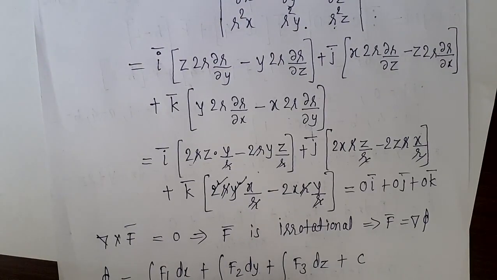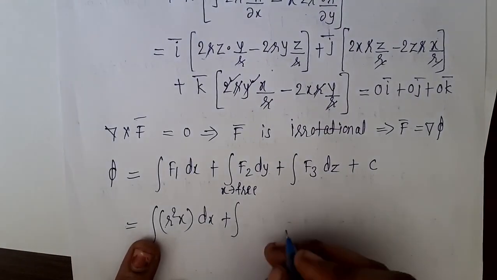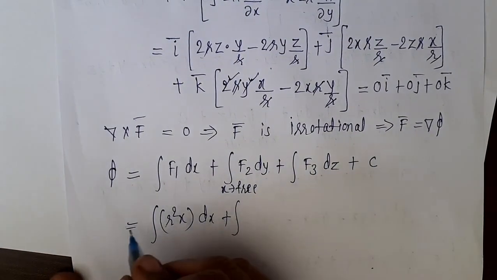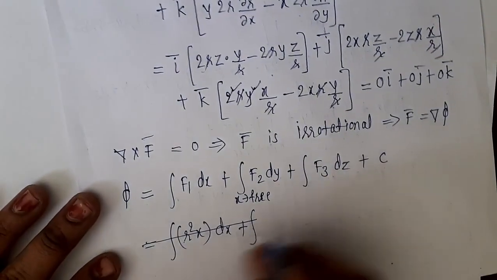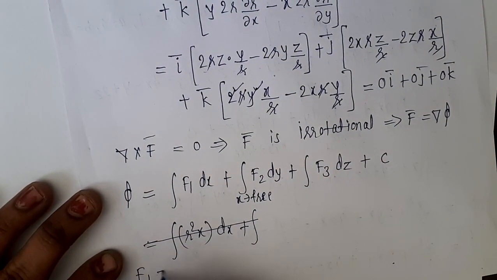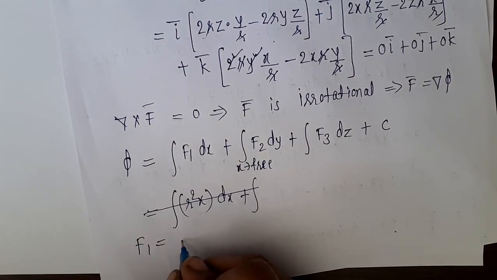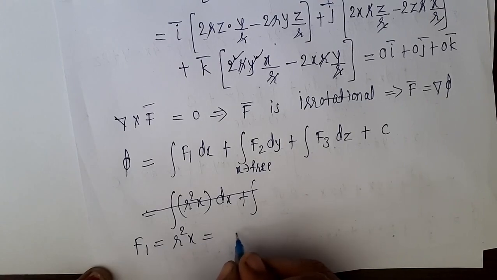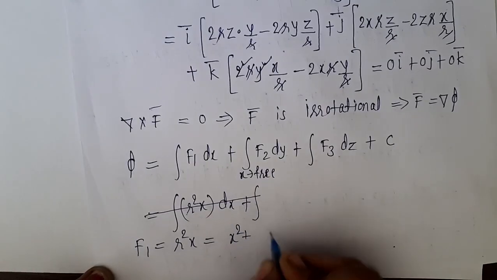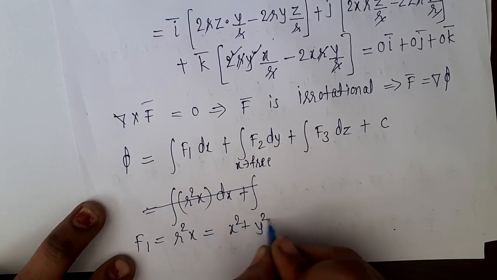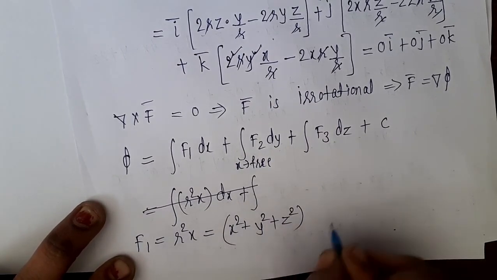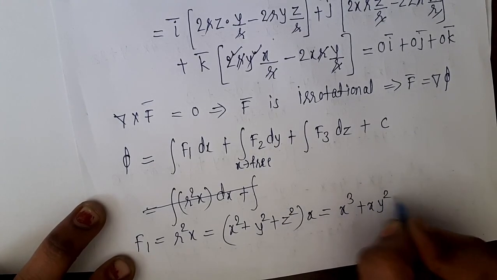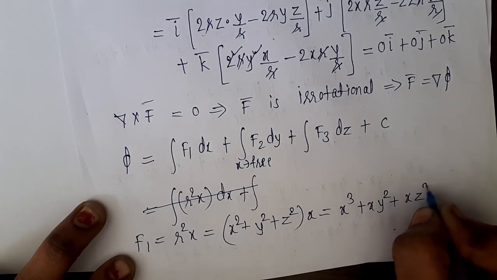See, let us write one step here. f1 is equal to r square into x, where r square is x square plus y square plus z square, multiplied by x. So it is equal to x cube plus xy square plus xz square.